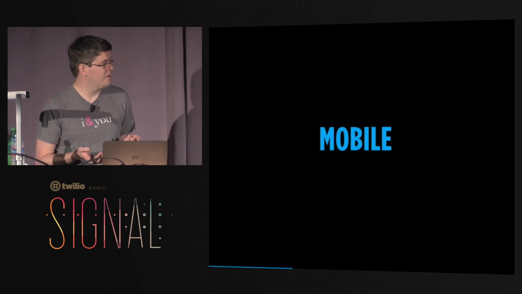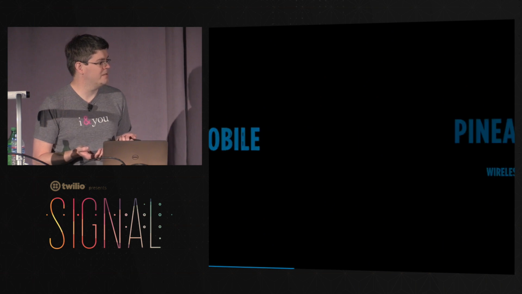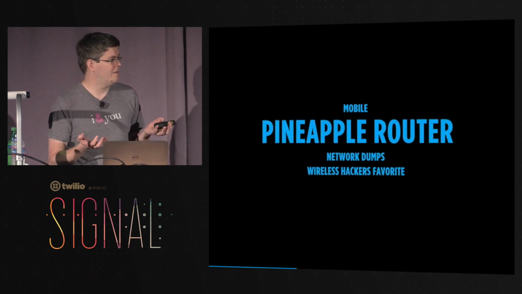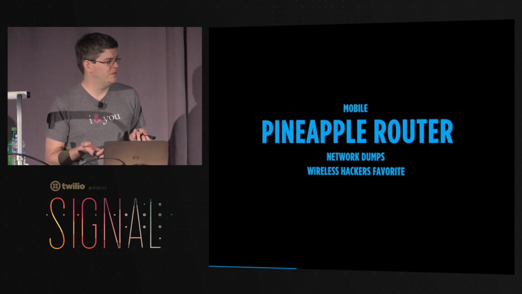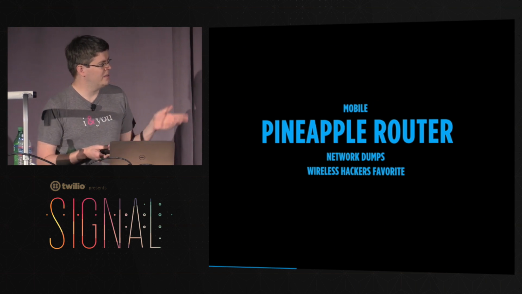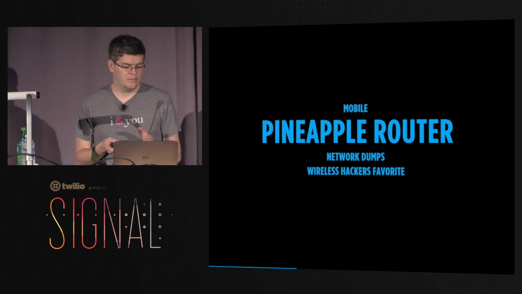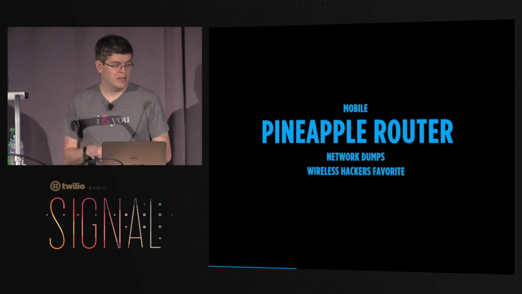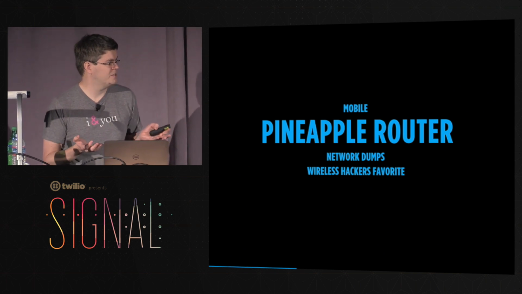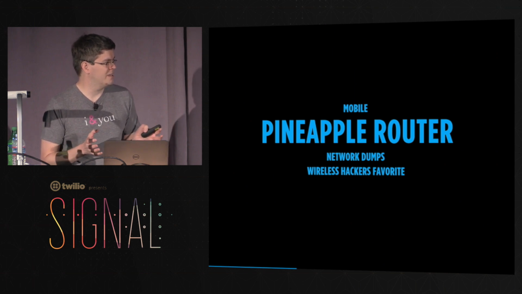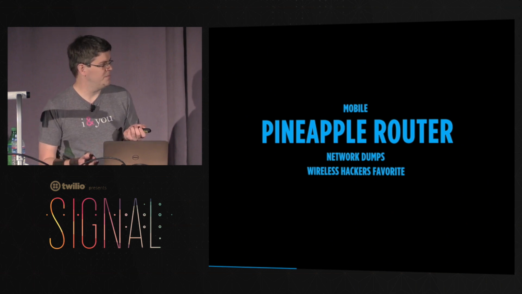So mobile, which I looked at, is a little more tricky because you don't have such great debug opportunities. So I used a little router called the Wi-Fi Pineapple to make those network dumps from the mobile devices. It's really the wireless hacker's favorite tool because it offers a lot of wireless hacking tools out of the box, even though I just used a simple TCP dump.